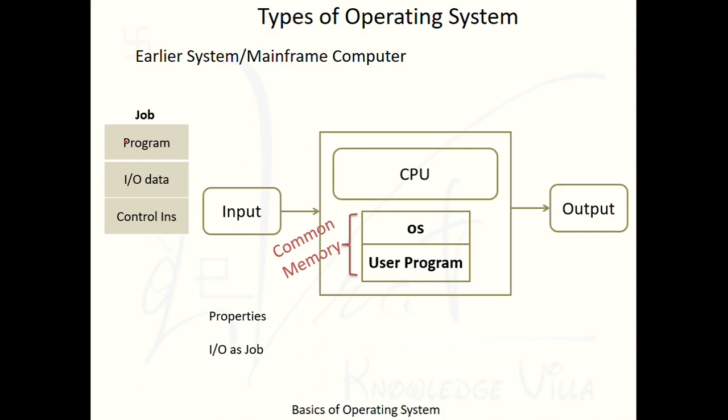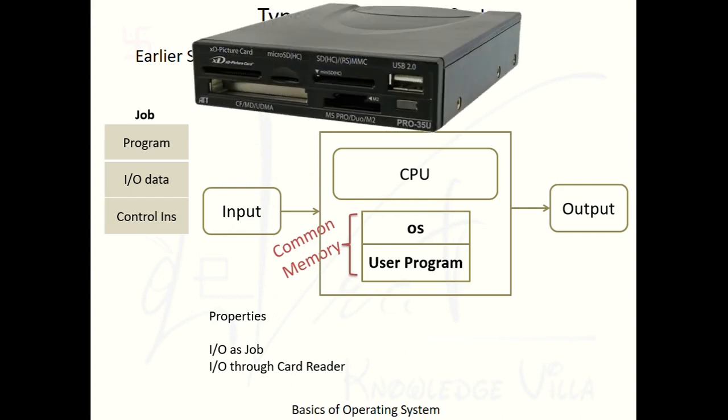Let's see the next property, that is IO through card reader. It means nowadays if you look at current systems, this type of card readers are available. See here in the figure. Get it? These are the card readers.